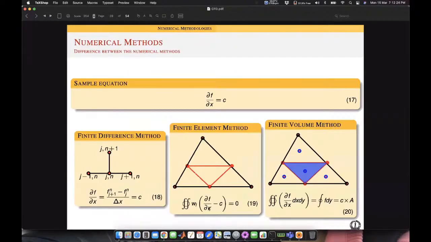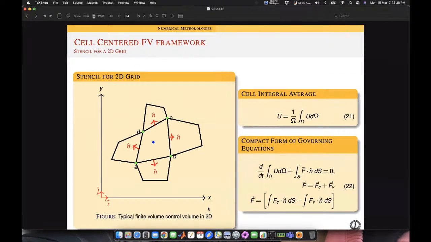In this presentation, I have primarily chosen to work with finite volume method. In a finite volume method, as I showed in the governing equation previously, you take a control volume, and you assume that in the control volume the fluid property remains constant, and you integrate that.